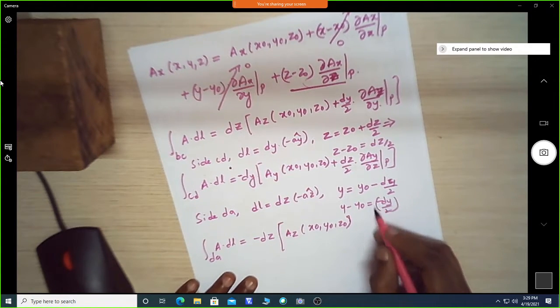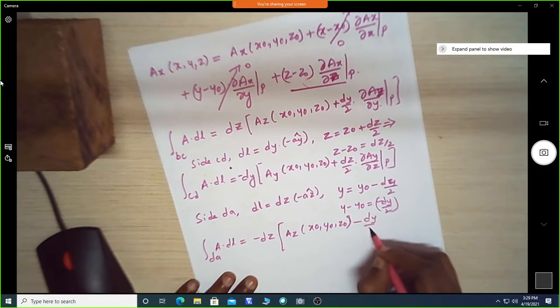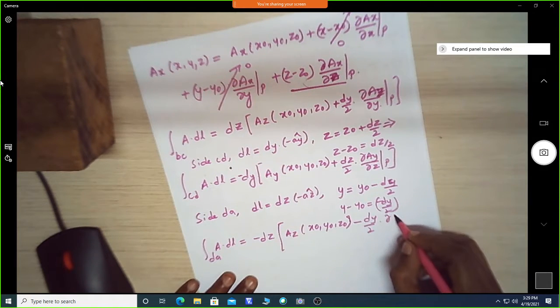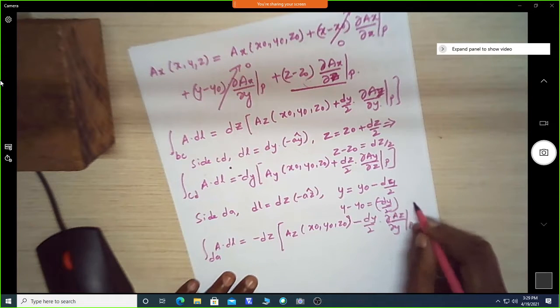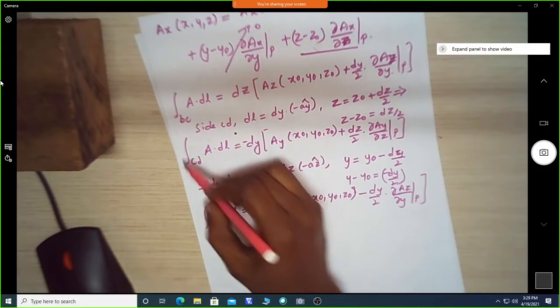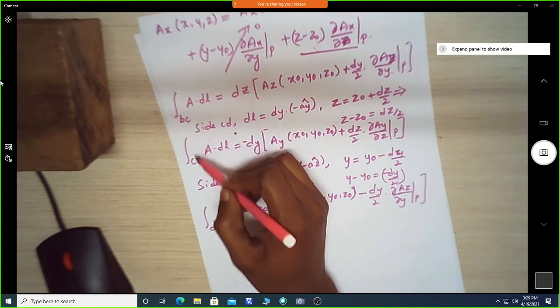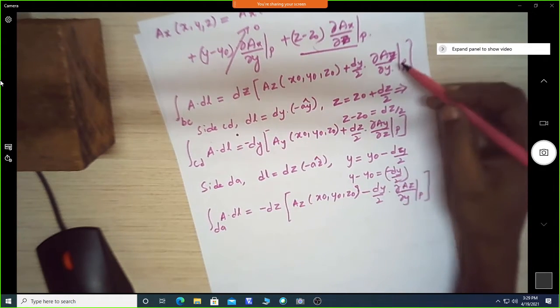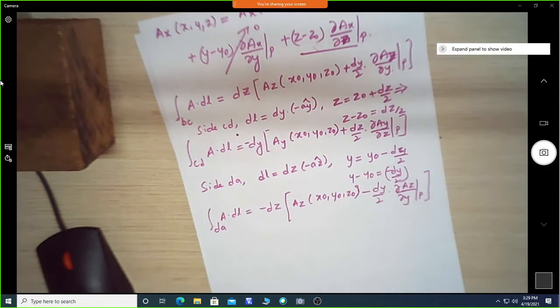So this is again minus dy by 2 into del Az by del y at P. Now if I consider the line integrals AB, BC, CD, DA and add all those, you will get the total line integral.